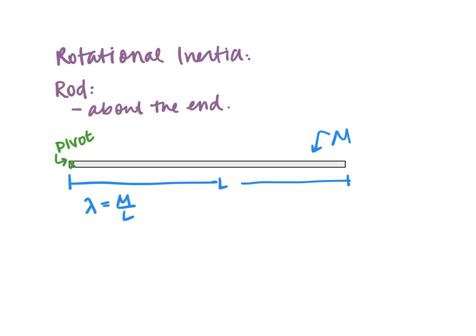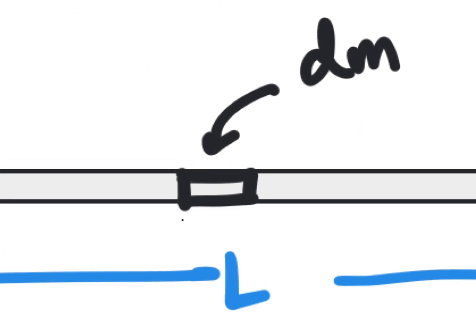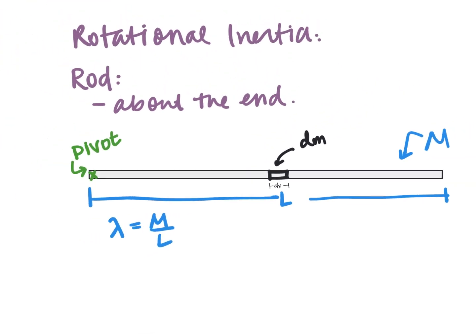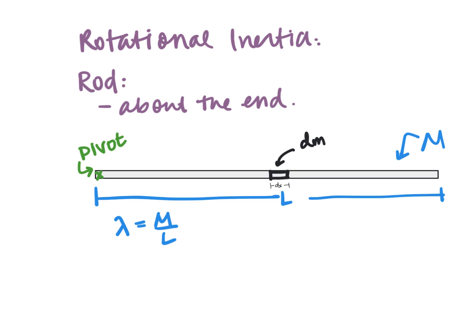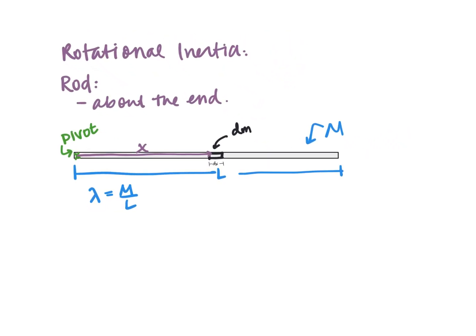If we look at a little bit of mass here, this little dm, and it has a width of dx, and it is a distance from the pivot point that I'm going to call x, then we can write the integration of r squared dm as the rotational inertia, where r will be x, that's the distance from the pivot point.